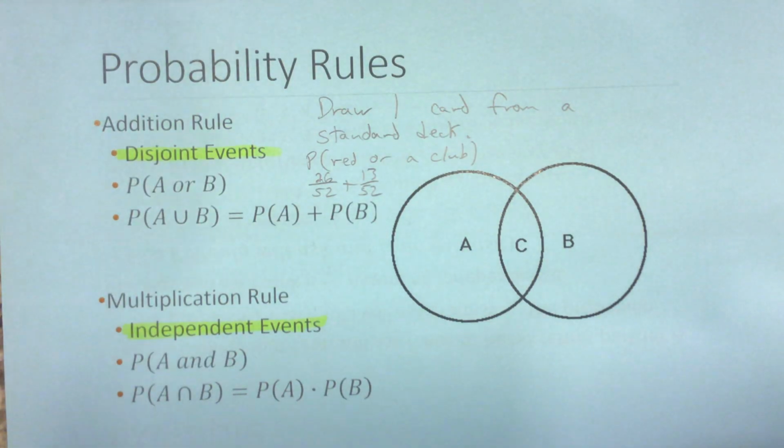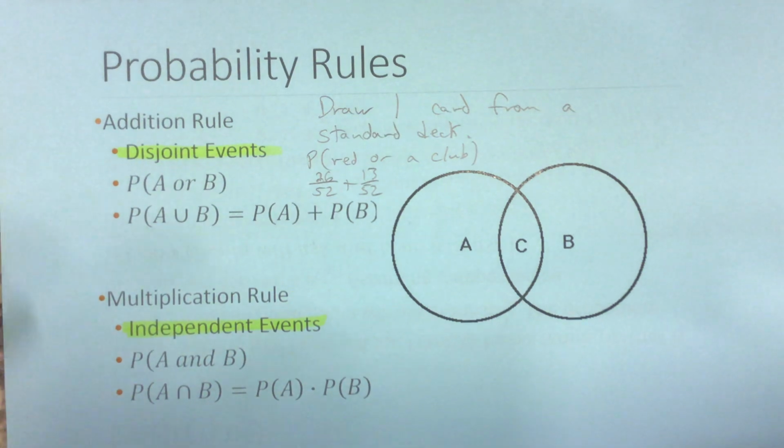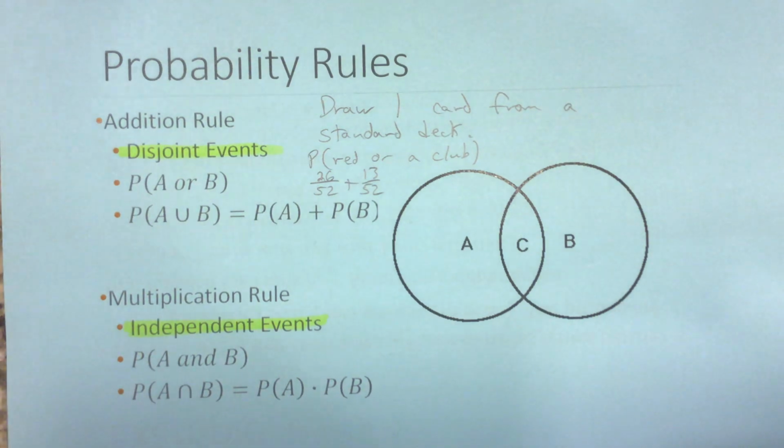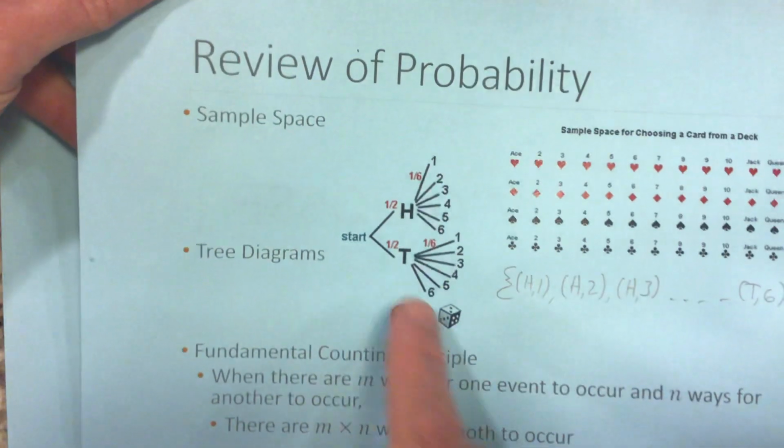Okay, when you talk about cards and you're playing a game of cards where cards are being dealt, that's dependent. We can no longer use this rule. So again, this rule only works for independent events. That would be something like our example here.